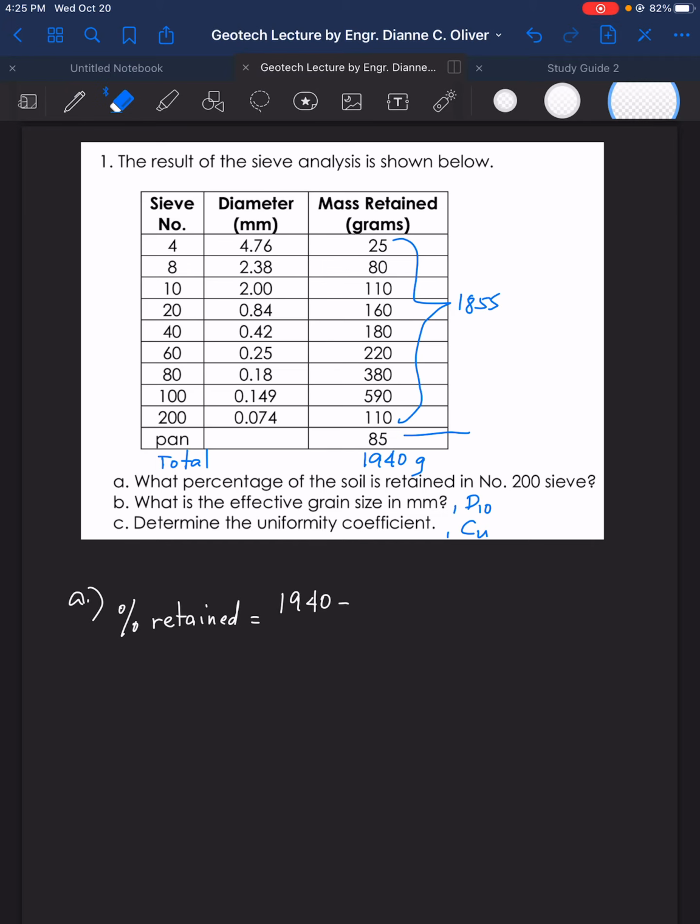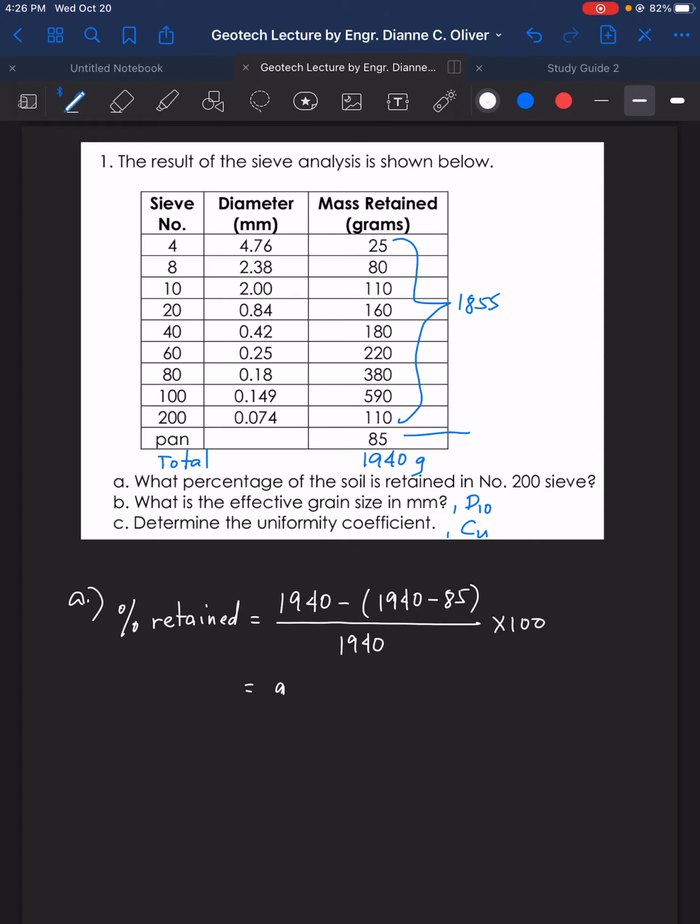Or let's just say this is 1940 minus 85 all over 1940 times 100, and that is equal to 95.62%. The way I presented it is for you to have an idea of the different ways you can solve this problem, or the principle behind solving the percentage retained.